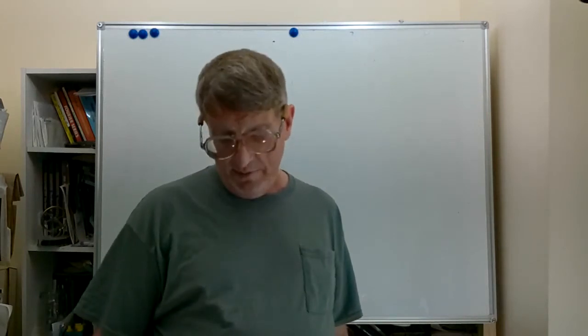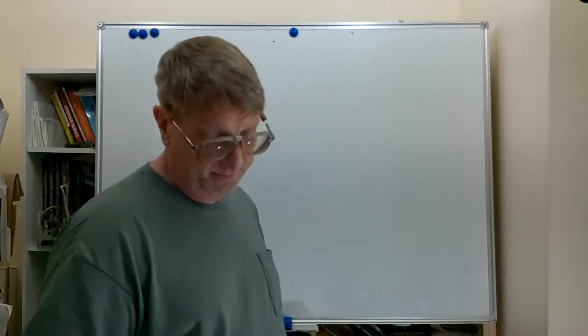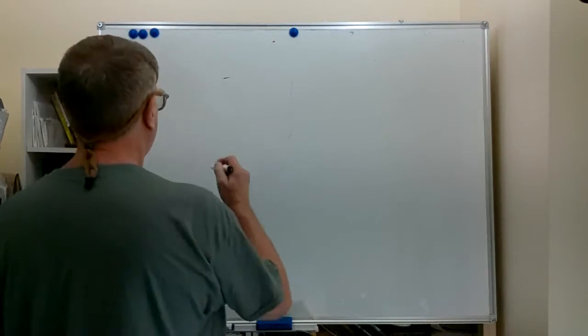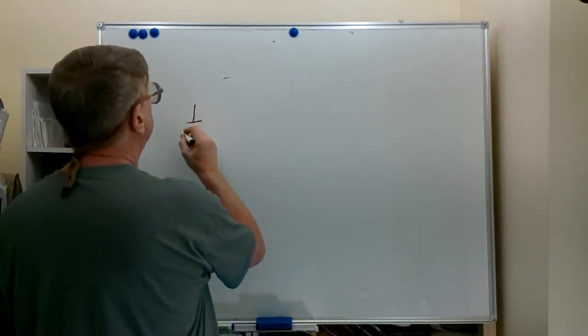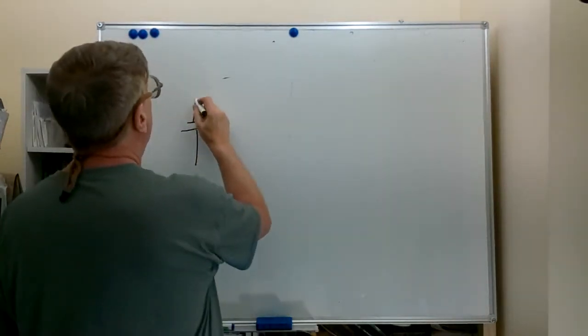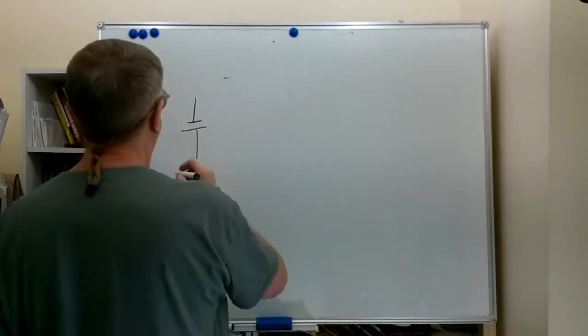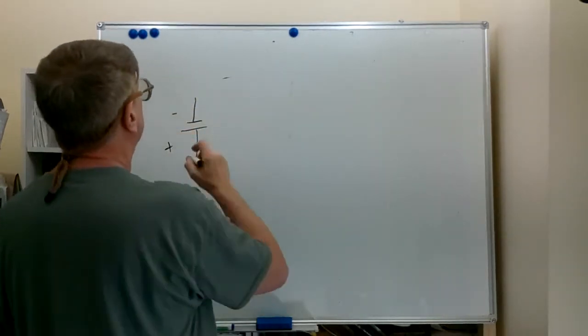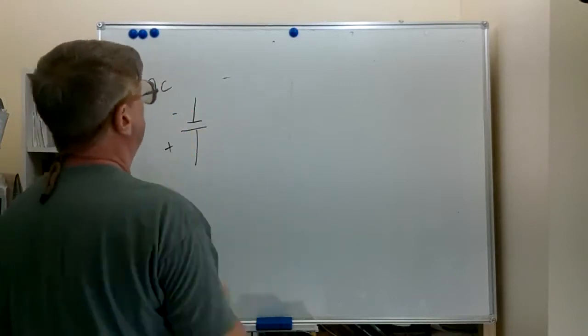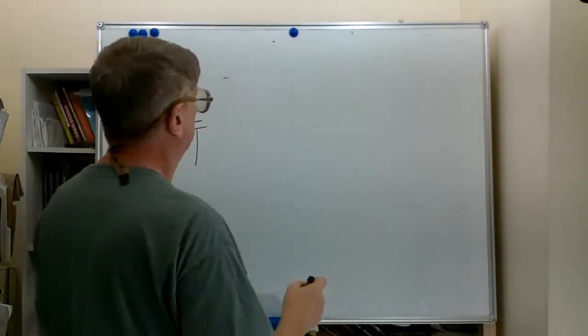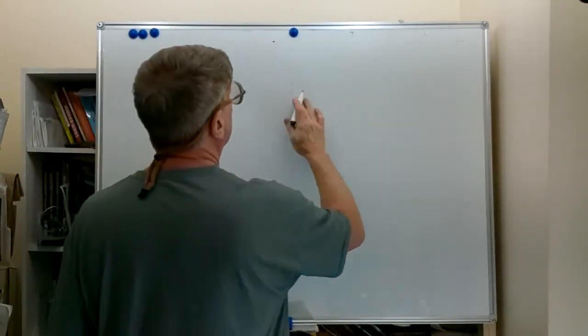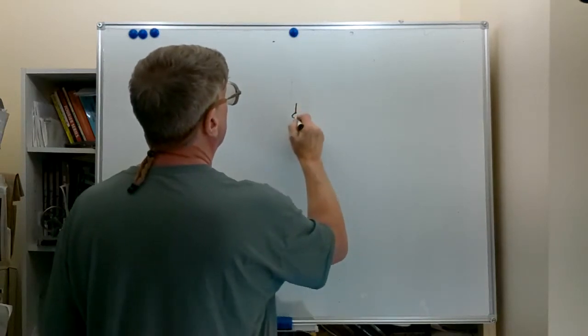We're going to talk a little bit about DC and AC now. A battery will provide what is called DC. And what does DC mean? DC means if we have a load out here, we're going to put a resistor for a load.